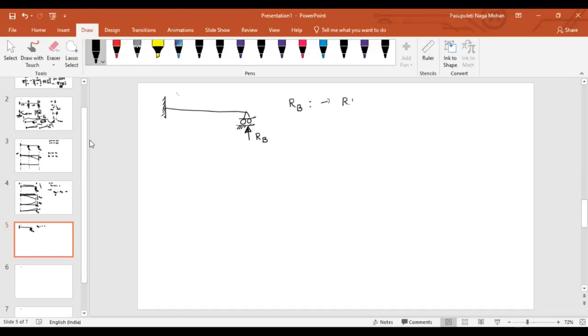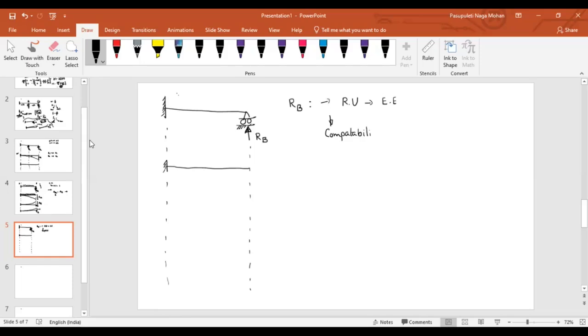The remaining unknowns we can find using the equilibrium equations, isn't it? For applying the force method, we have to use the compatibility equations.